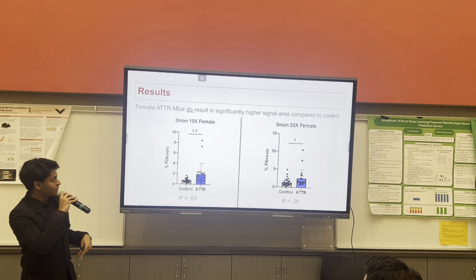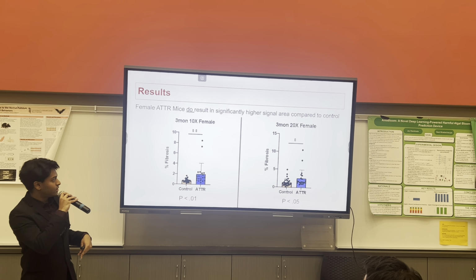We choose the area within the sample that has a lot of fibrosis to yield better results, and that's common within the science. So for the 10x images, we have a p-value of less than 0.01, and a p-value of 0.05 for 20x female.